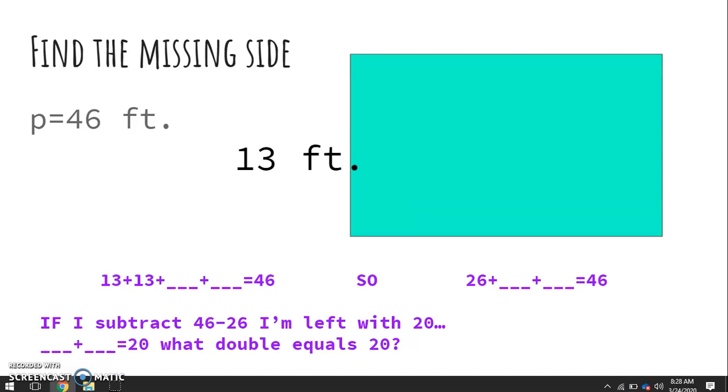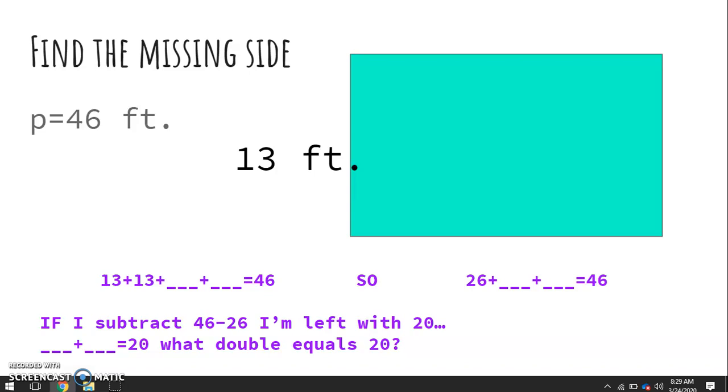All right, so here is our solution for this problem. We were given that the perimeter is 46 and one of the sides is 13. That means the opposite side is also 13. So we know to write the equation for perimeter, 13 plus 13 plus blank equals 46.